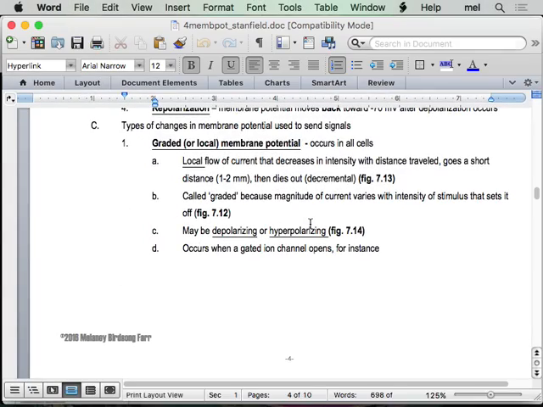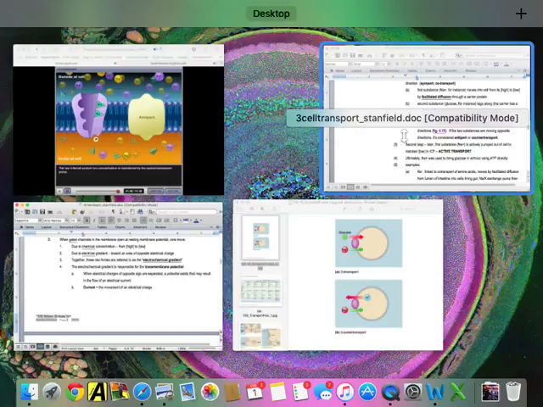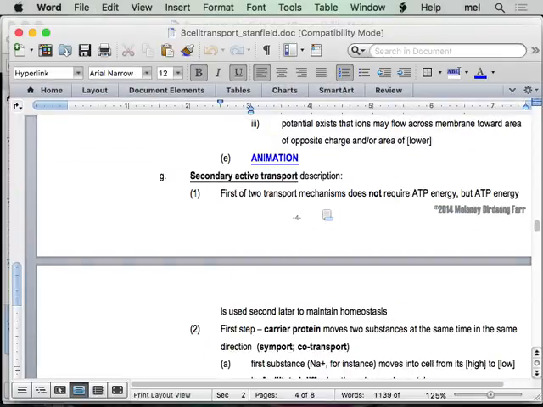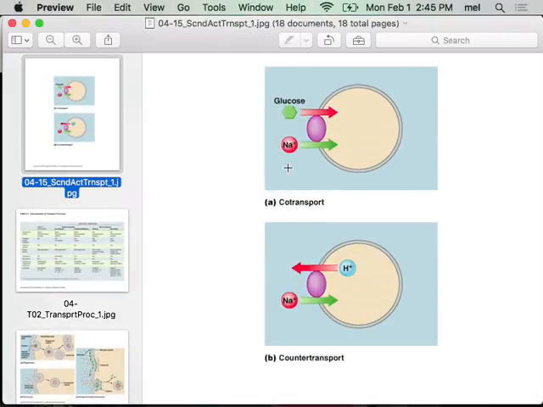So what you are going to do, oops, not that one. What you are going to do is there are 2 steps. Okay, 2 steps of secondary active transport. The first one doesn't require ATP, but the second one does. Yes? The first one was what? What is this transport mechanism? It's a carrier. And if you diffuse through a carrier, what is it called?